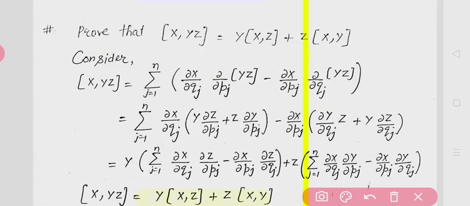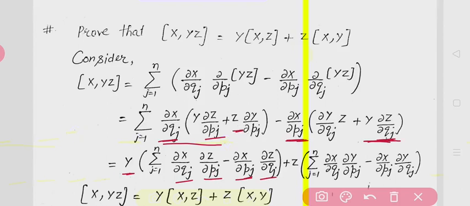Over here when you multiply, that will be y into the partial of x by partial of q_j into the partial of z by partial of p_j. Is there any other term for the y? That term. So when this is multiplied with this one, y is common here. So minus partial derivative of x with respect to p_j and z with respect to q_j. So I collect this term. y is taken common outside the summation. x with respect to q_j, z with respect to p_j, minus x with respect to p_j and z with respect to q_j. Right?